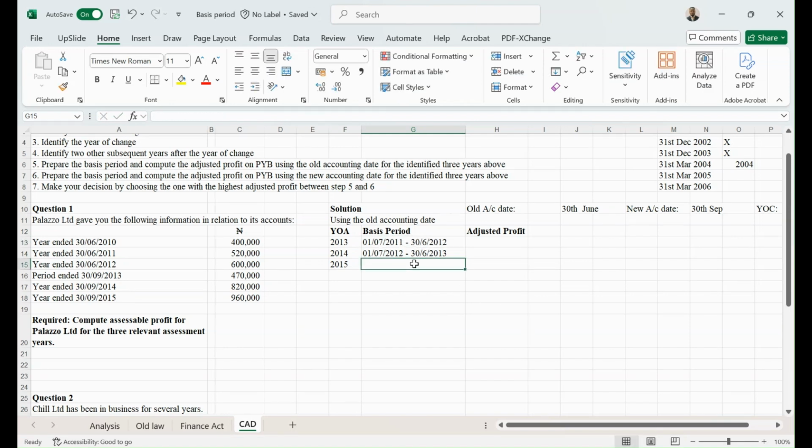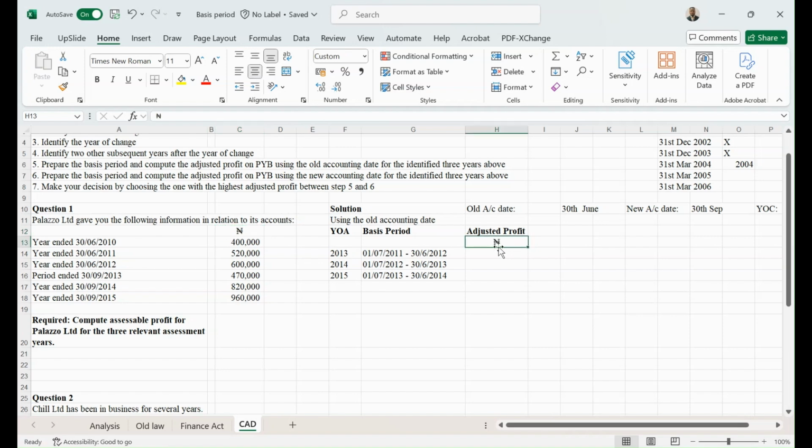Then the other one will be 01/07/2013 to 30/06/2014. Perfect. So you have the basis period as we have it now. So let's solve for the adjusted profits.